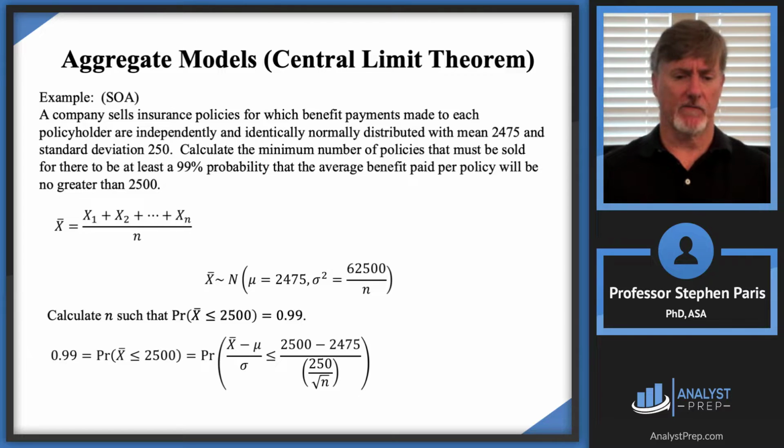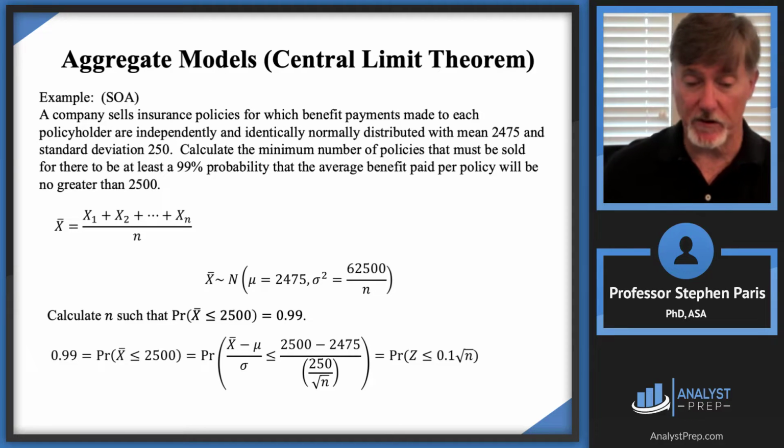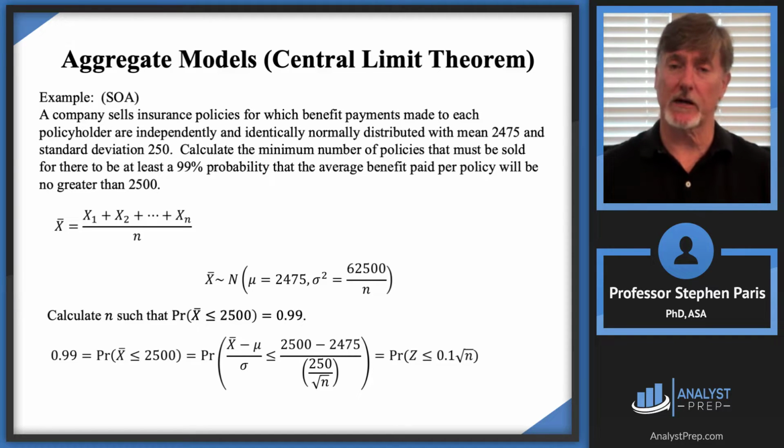On the left-hand side of what's in the big parentheses, the CapEx bar minus mu over sigma, I'm just going to replace that with the letter Z for the standard normal distribution. And then I'm going to simplify what's on the right-hand side. I'll leave it to you to show that what you get is just 0.1 times the square root of n.